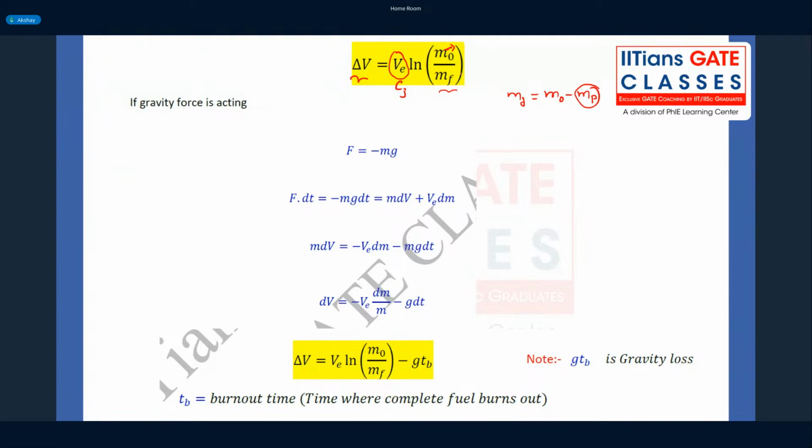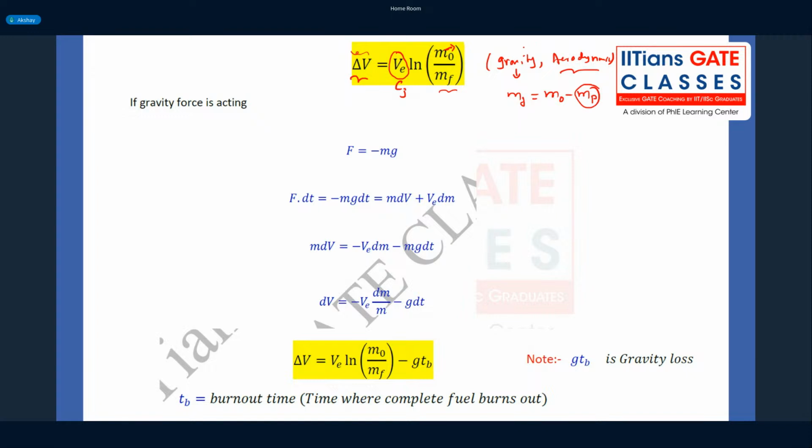In this derivation, in the form we have here, we neglected both the gravity effect and the aerodynamic effect. But in general, whenever a rocket is leaving a planet, there will be a gravitational force acting on the body, and whenever it is traveling in an atmosphere, there will be an aerodynamic resistance, which we term drag. Those also come into the final velocity change.